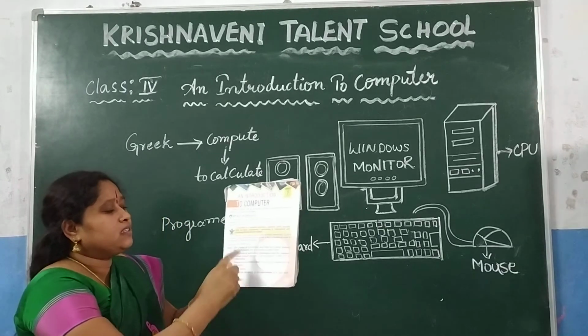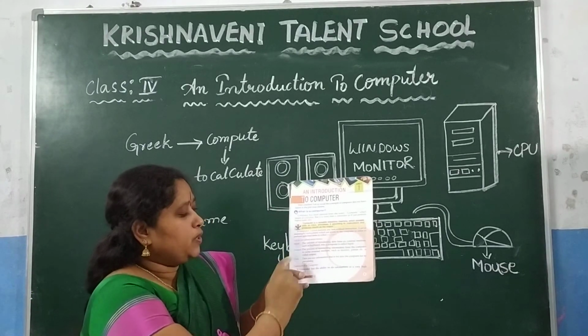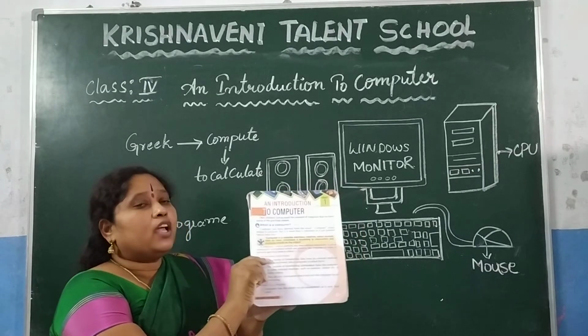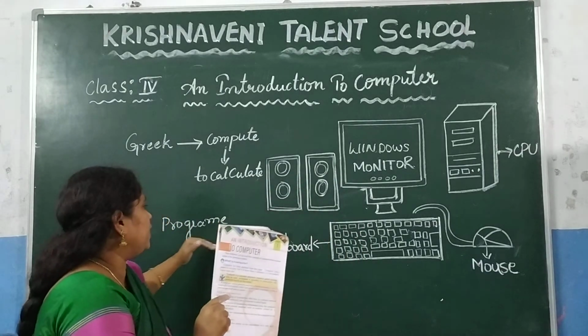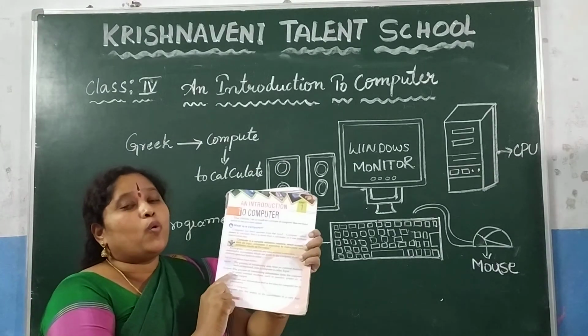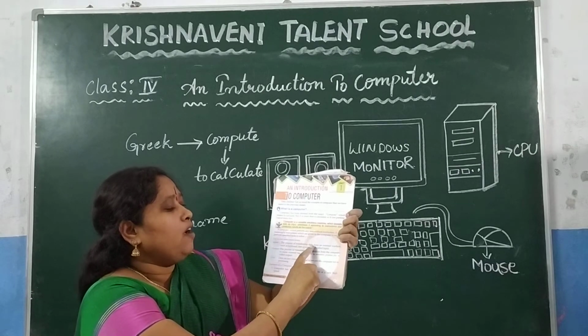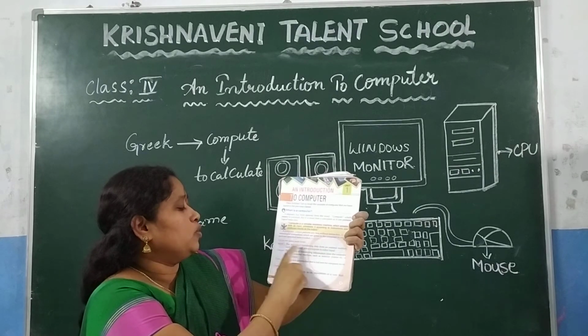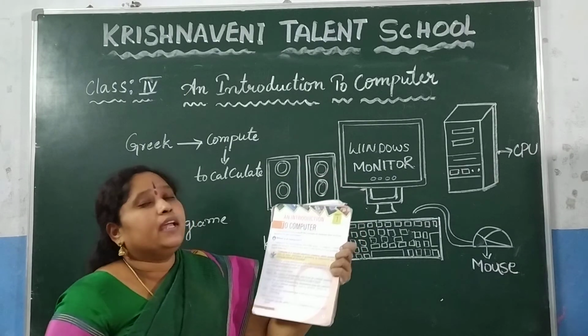Now, let us see some more terms of computers: input, output, and data. Today, we are going to learn what is meant by input. Already, I have explained what is meant by a program. The process of transferring data from an external medium such as a keyboard into a computer is called input.